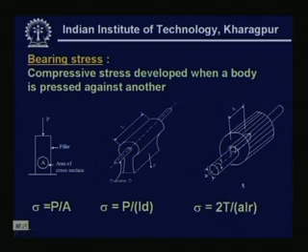So, if we look at the third one, then we can see that our shaft is again going inside a bush and it is locked with what we call a key, and the shaft is transmitting a torsion T or the torque T. So, in that case we can see the sigma, the bearing stress arising onto this key is given as 2T by ALR.